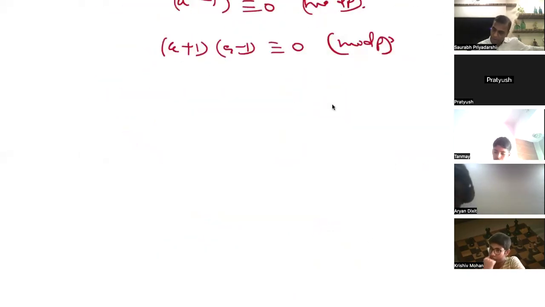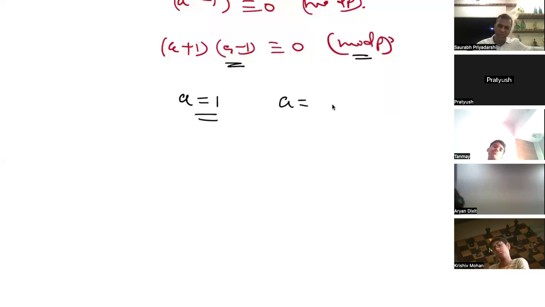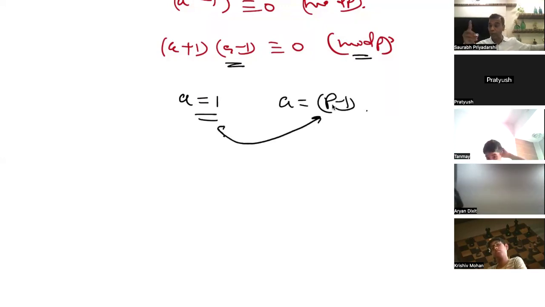So either this is possible with a = 1 or a = −1, which I can say is p − 1. But we have to remove both the numbers. In all the cases, like in 13, we have removed 1 and 12. In 11, we have removed 1 and 10. Means in the factorial, p − 1 factorial, I have to remove 1 and p − 1.